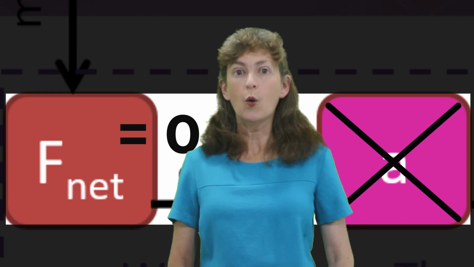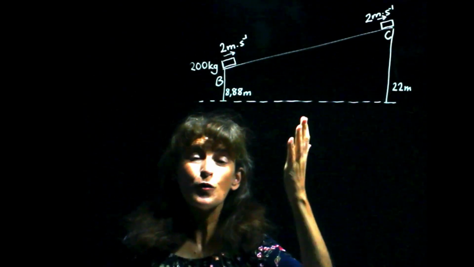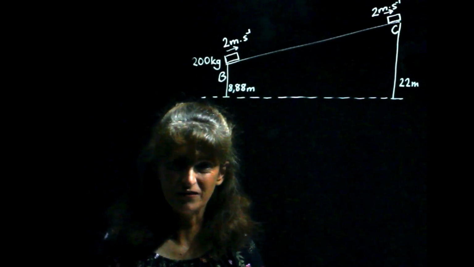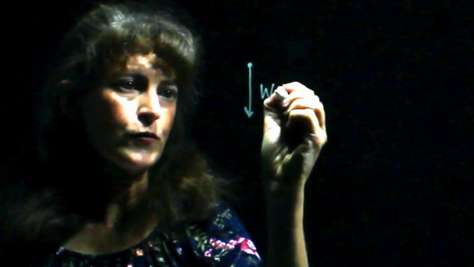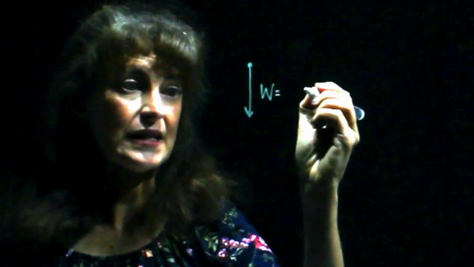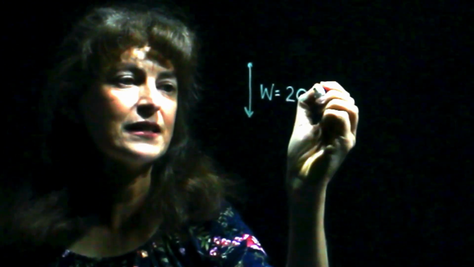How? Well, whenever we focus on forces, it's a good idea to draw a free body diagram. So let's draw a free body diagram of this 200 kilogram car. So there it is. What forces act on it? Well, we have weight down, and we know that its magnitude is mg. The mass is 200 kilograms.